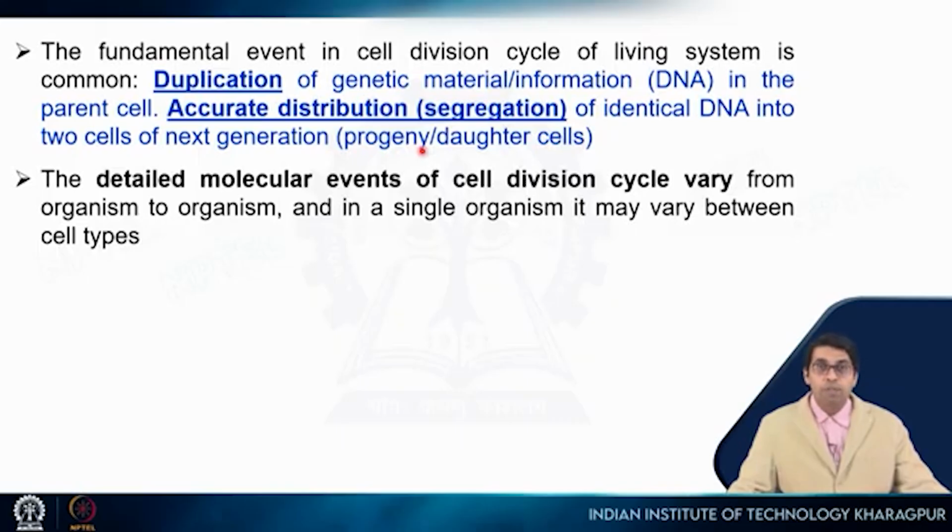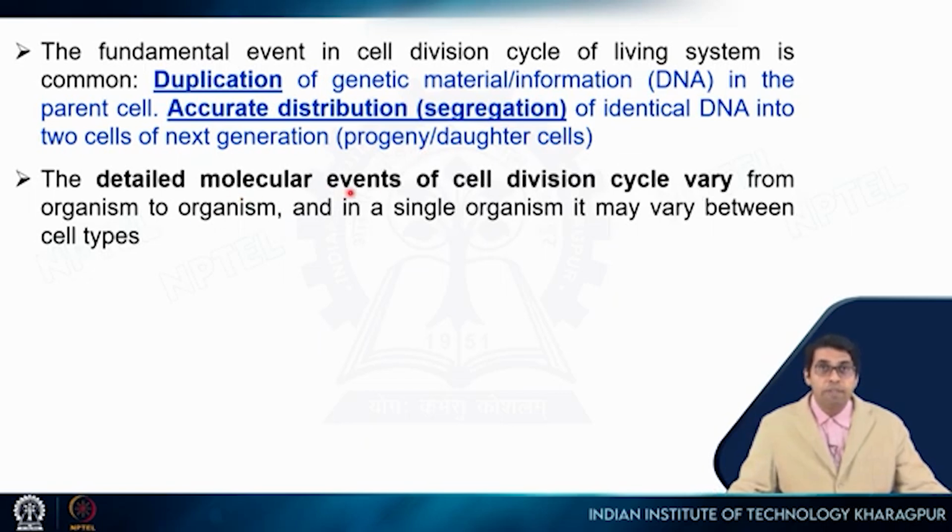So for example, if chromosome 1 has two parts, one from the paternal side, one from the maternal side, then there will be two copies of paternal chromosome 1. So one copy will go to one daughter cell, the other copy will go to the other daughter cell. Both cannot go to the same daughter cell, right? So this type of accurate distribution has to happen.